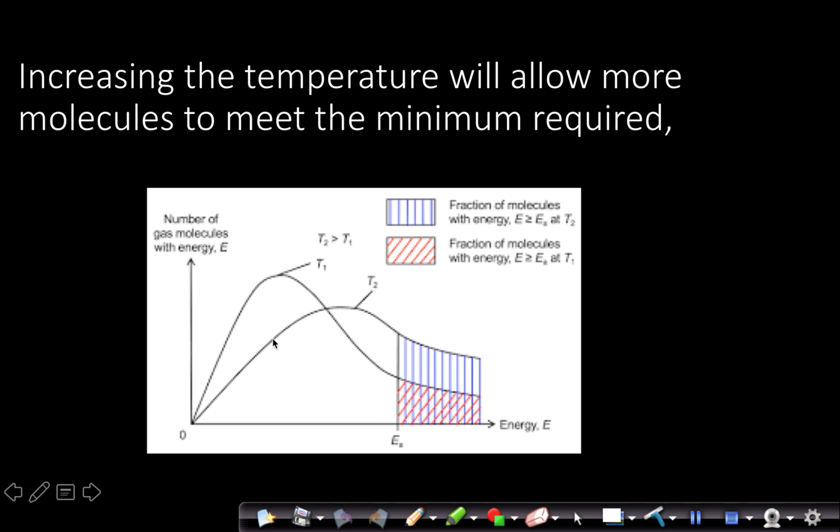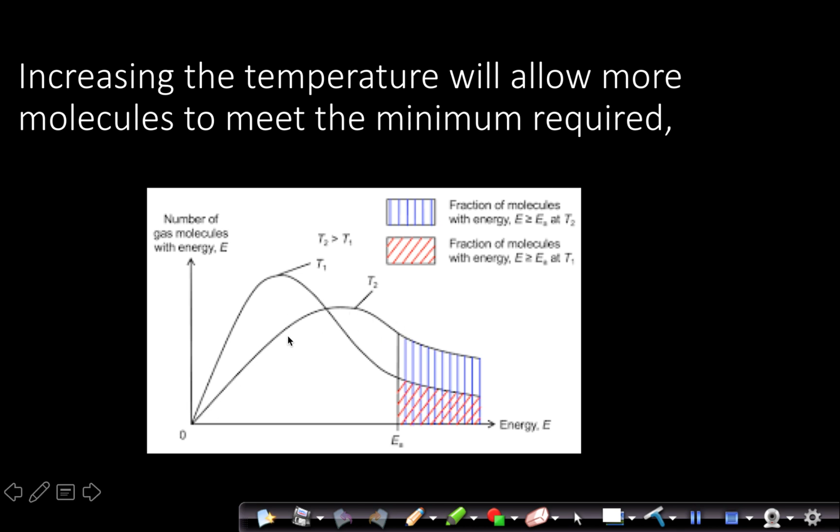We can also see here that at that original temperature, this red area, or the diagonal lines, show us the fraction of the molecules that would have enough activation energy at a lower temperature. Another way to increase the number of molecules that are able to have an effective collision based on energy is to increase the temperature.